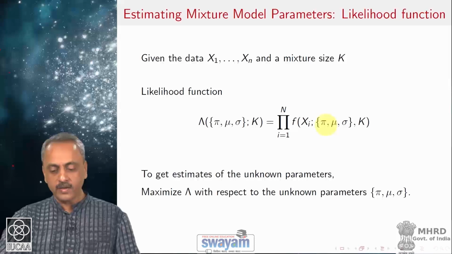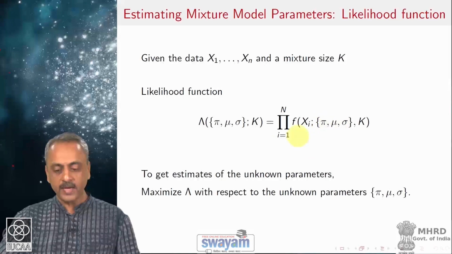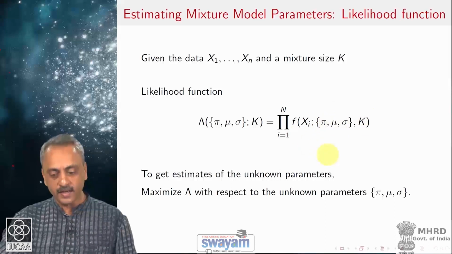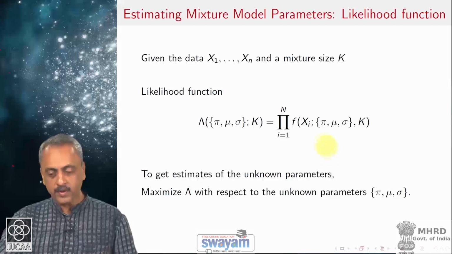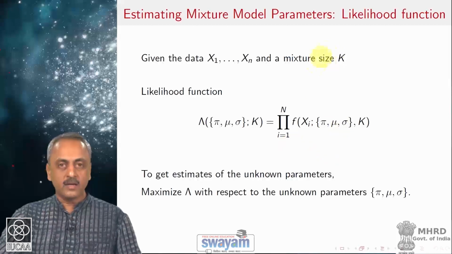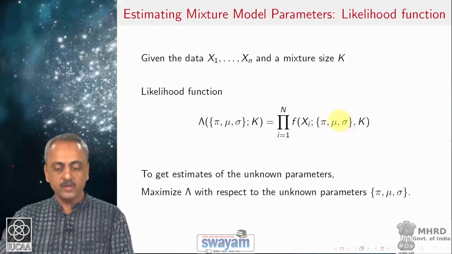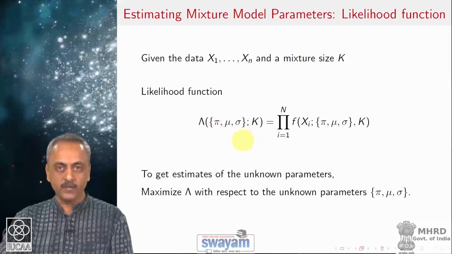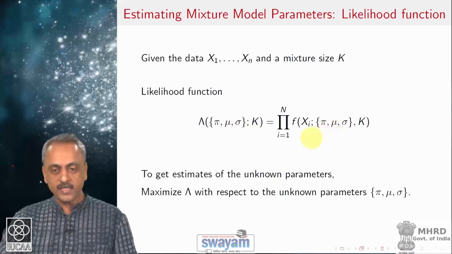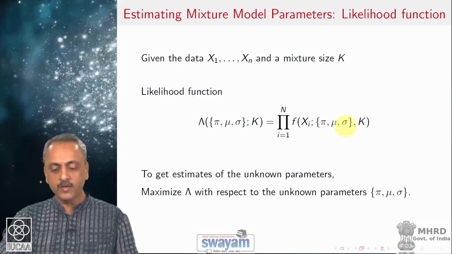Now, of course, we do not know the values of the parameters, but we can write down this expression analytically as a product, and make estimates of the parameter values for a fixed k. This is done by maximizing the likelihood function. So, this is basically saying that you choose values of the parameters that maximize this product.